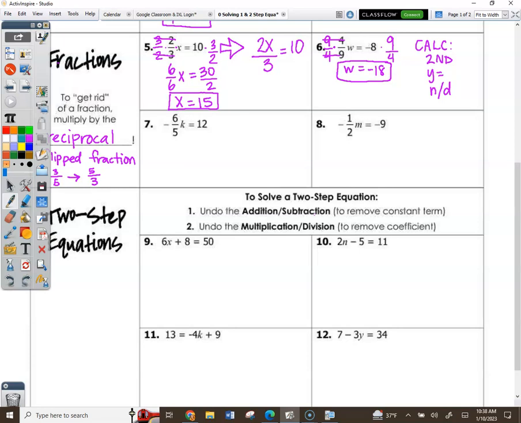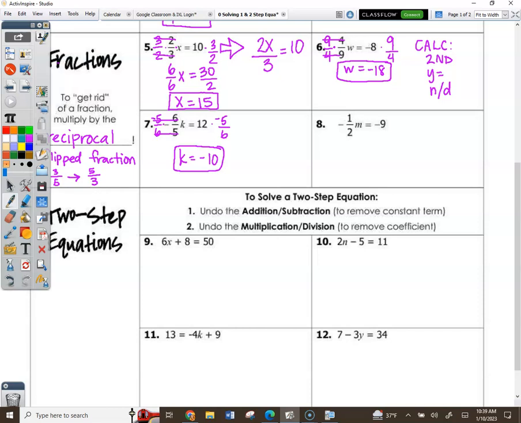Alpha. There you go. -10 for 7. Get 18 for 8.